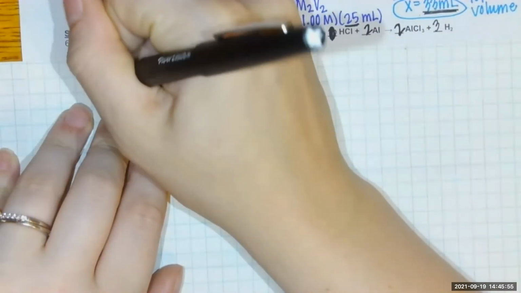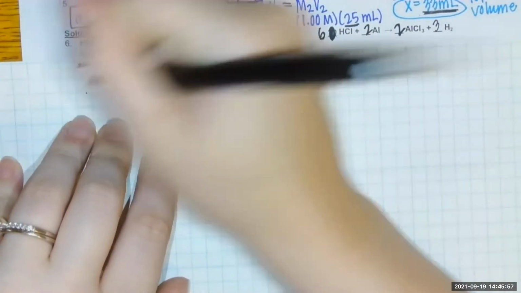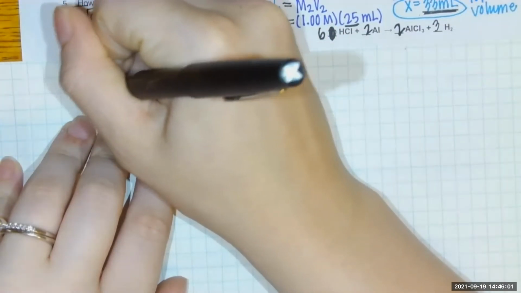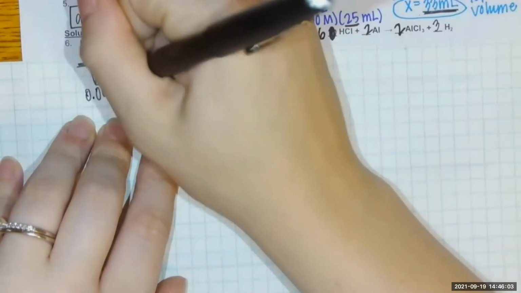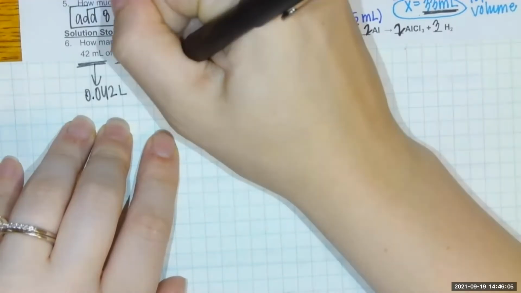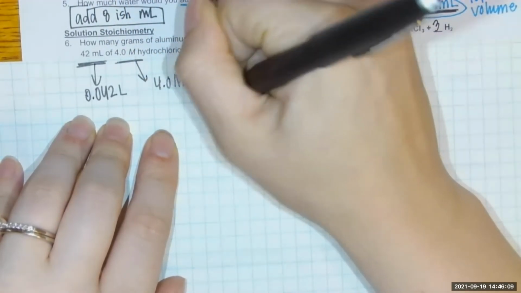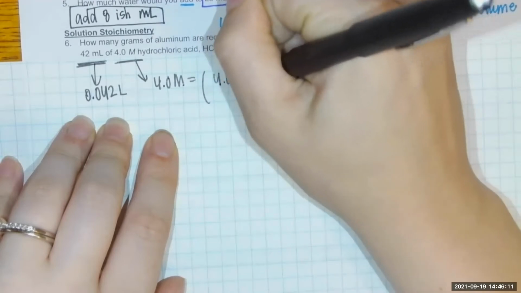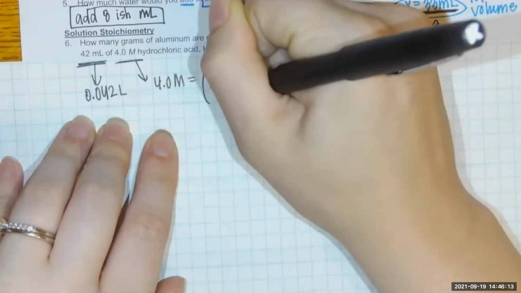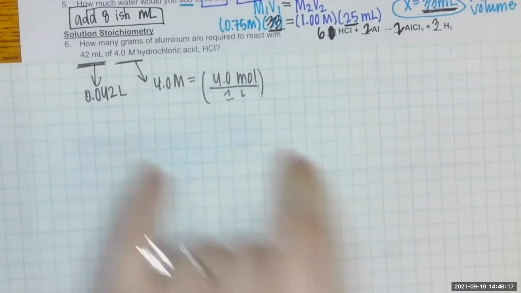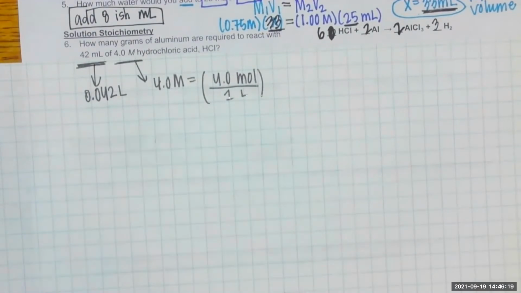So convert 42 milliliters into that many liters, and 4.0 molar is the same thing as writing 4 moles per 1 liter. So I'm going to use these to start out.